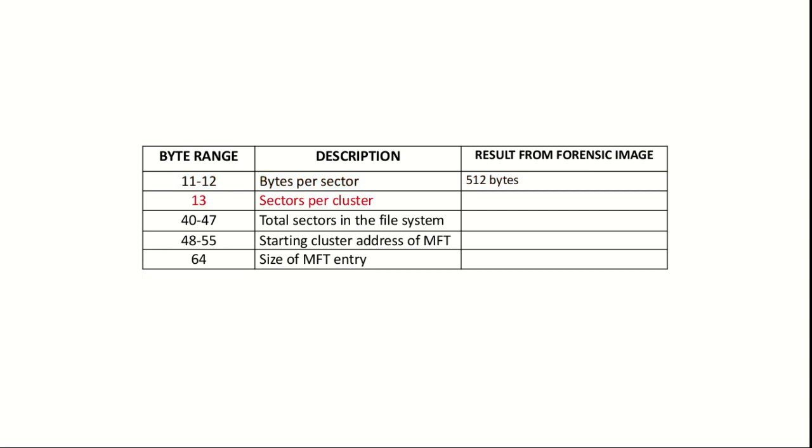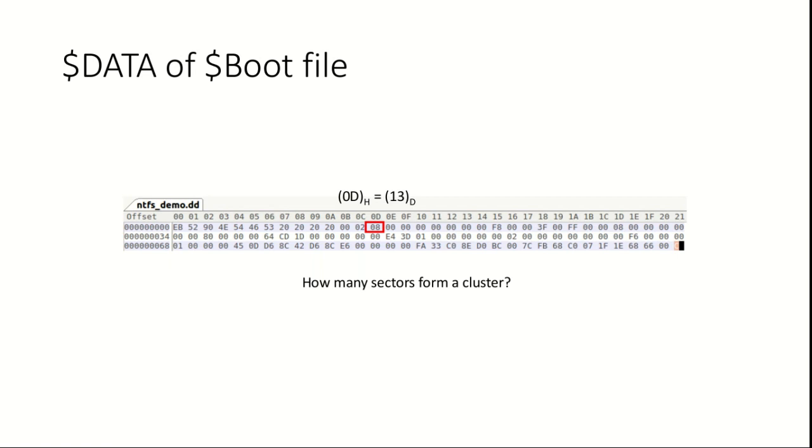Next, let's find out how many sectors form a cluster from byte 13. Byte 13 can be found in the first row at column 0D. Let us retrieve it. We will not do any swapping here as it is only one byte of information. Now, 08 in hex is 8 in decimal.